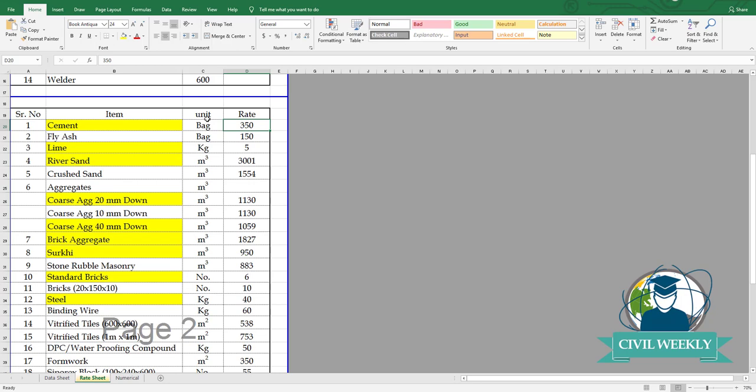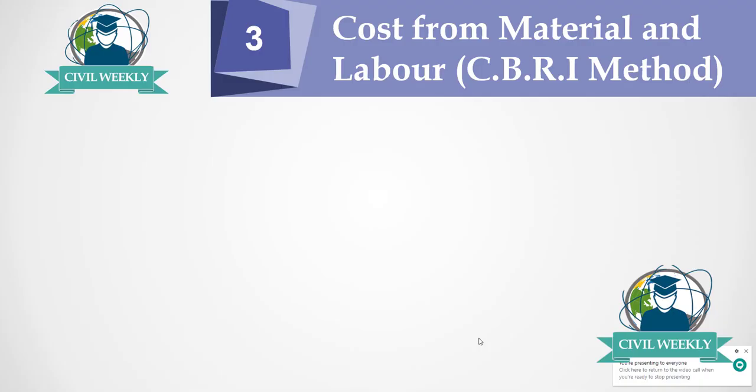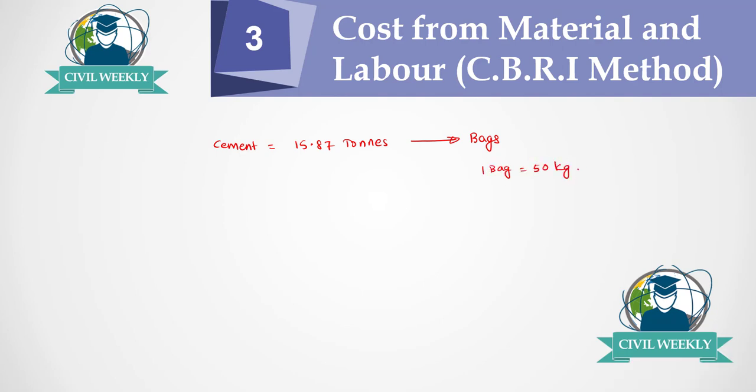So we have to convert this tons into bags. How will you convert this? A bag of cement is equal to 50 kg of cement.